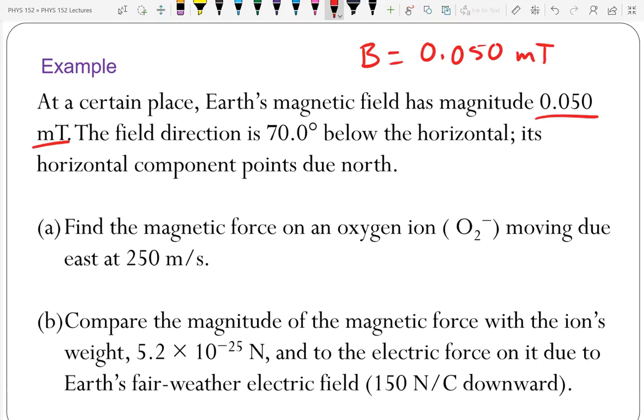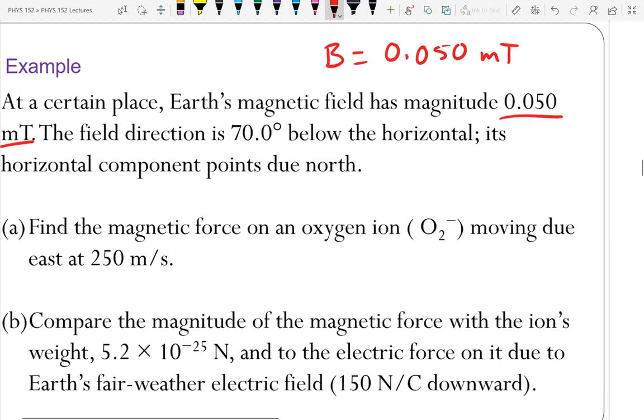Now, I don't think my dip compass is perfect, and there's lots of magnets around here, so don't take that as the straight from the mouth of God truth. But we have the field is directed 70 degrees below the horizontal, and its horizontal component points due north.